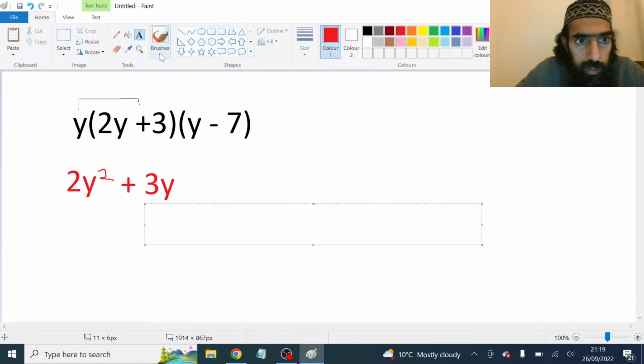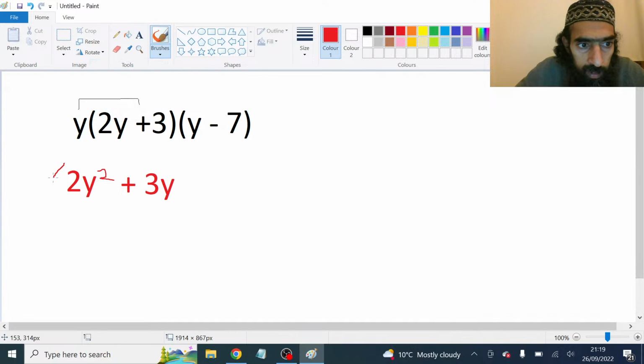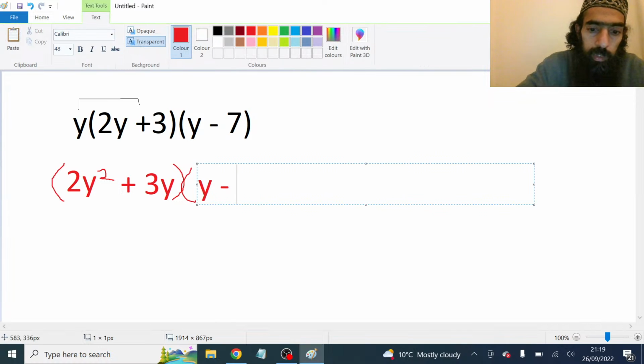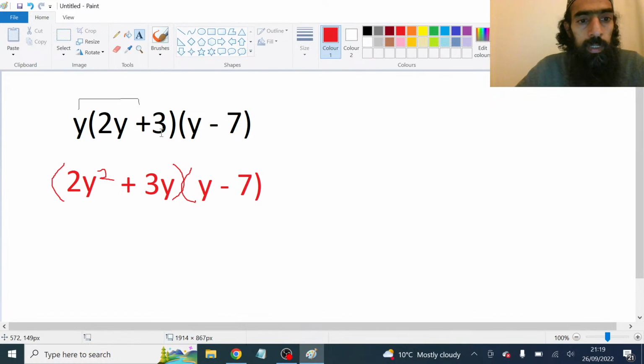So now the idea is to take all of that answer, put it in brackets, and now times by the third term, so that's the y minus 7. You can see if you do it this way, then it ends up just being double brackets. So you're doing two terms together here, and then you end up with multiplying double brackets here.